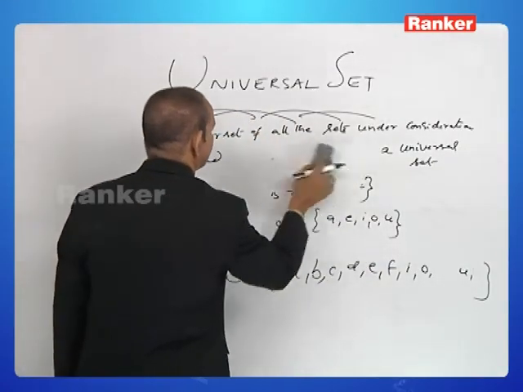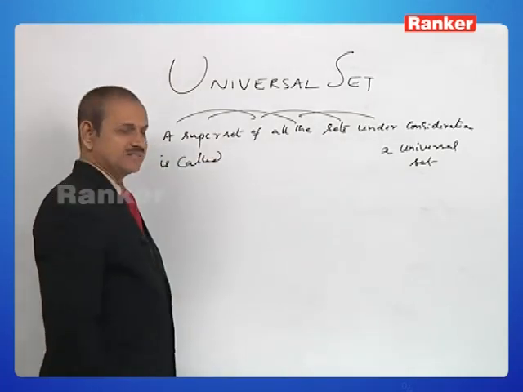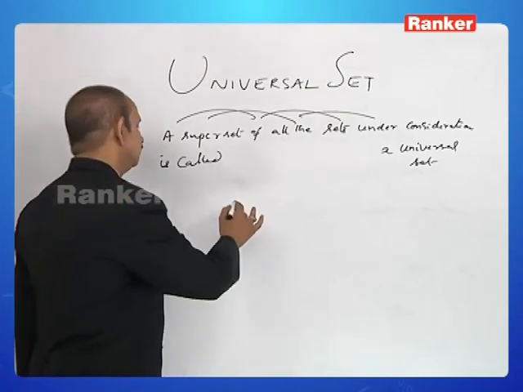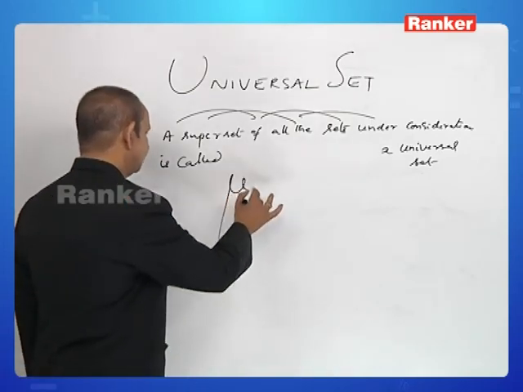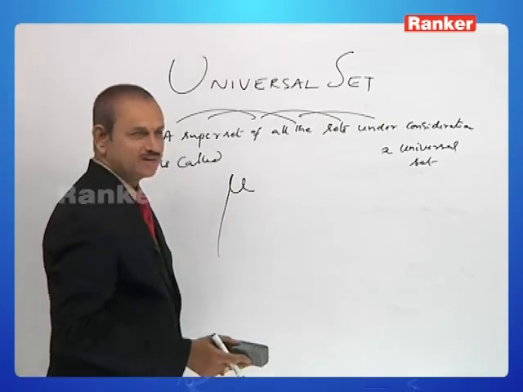That is the definition of the universal set. And there are so many symbols to represent it. And more familiarly, we use the symbol mu to stand for the universal set.